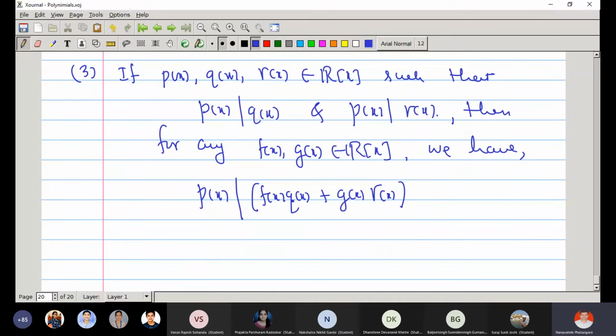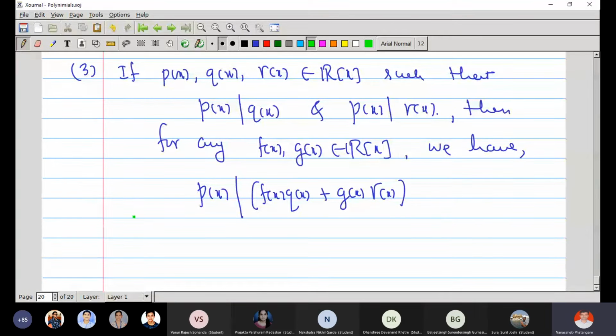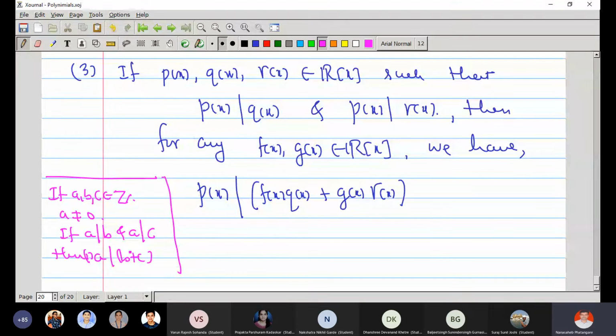Let me tell you the similar phenomenon for integers. So if A, B, C are integers and A is non-zero, if A divides B and A divides C, then A divides B plus C. First of all, is it true? A divides the sum of two numbers, right? If A divides B and A divides C, then A divides the sum of B and C, correct?